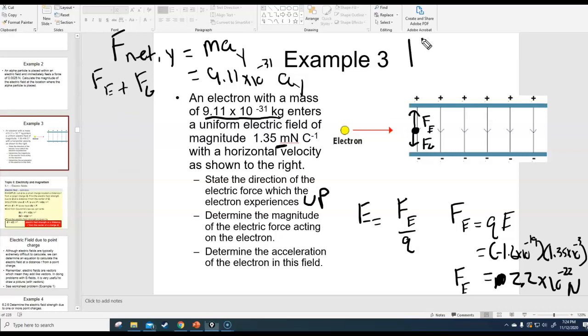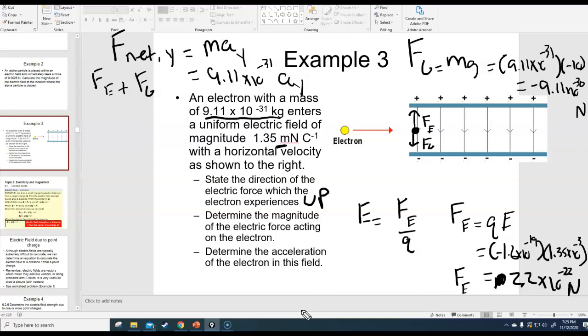I can easily find Fg using my good old force of gravity equation. So that would be negative 9.11 times 10 to the negative 30 newtons. And by the way, if you compare this 10 to the negative 30 to 10 to the negative 22, Fe dominates force of gravity.